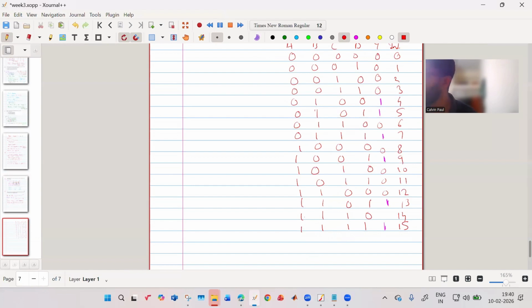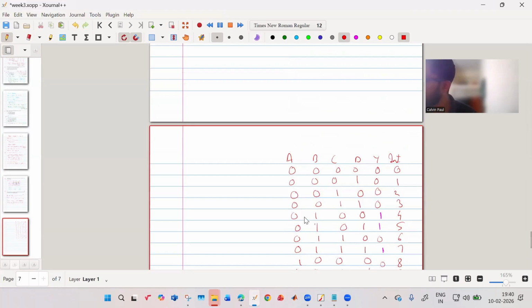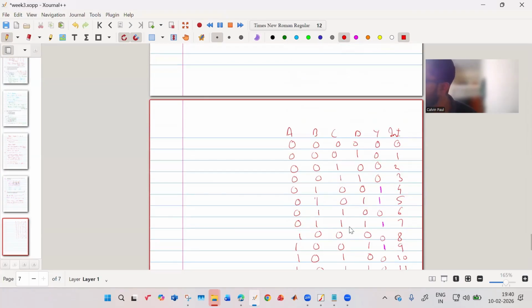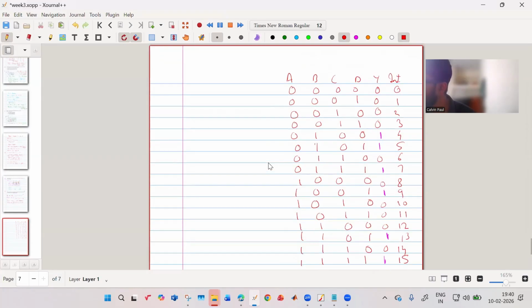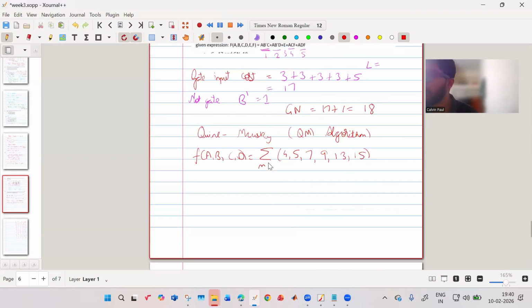Okay. So how do we start this? We will group them in terms of how many number of ones they have. Depending on how many ones they have, we will group them. So first we will start with stage 1, where we have A, B, C and D. We have 4, 5, 7, 9, 13, 15.